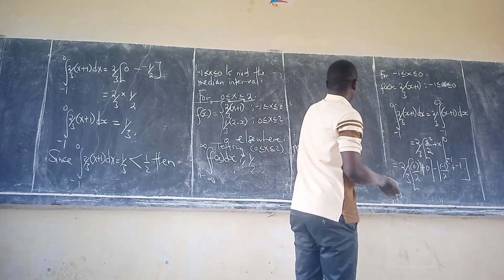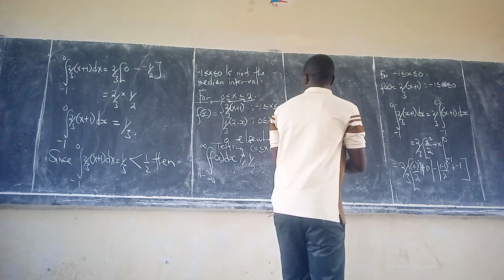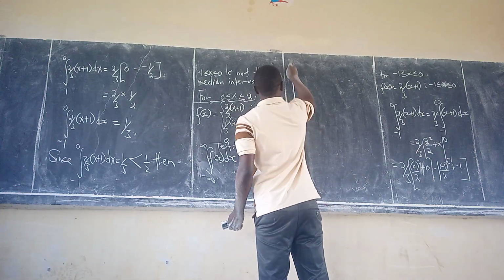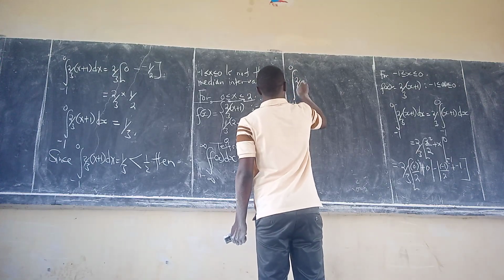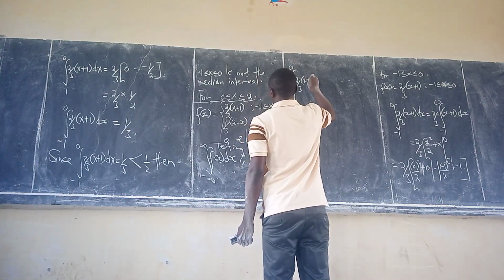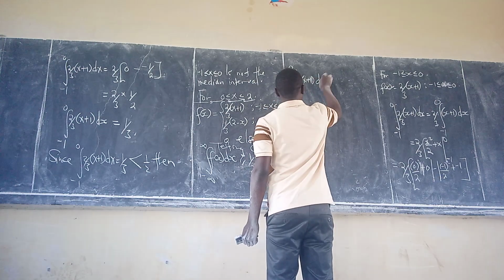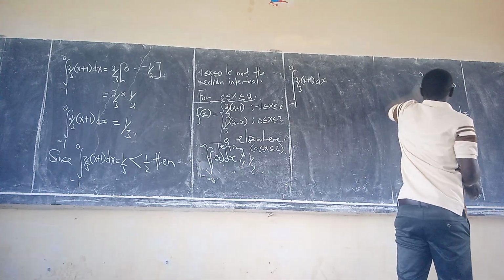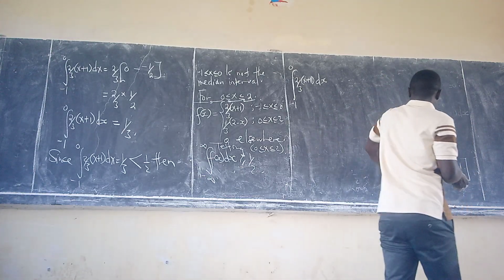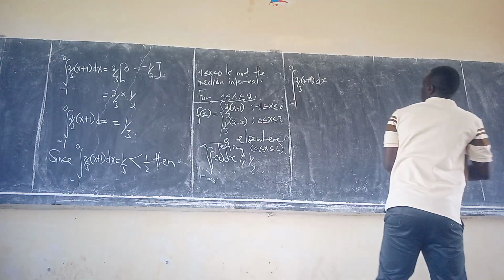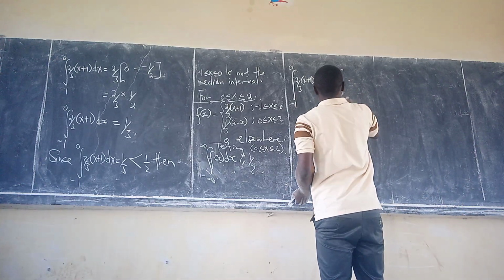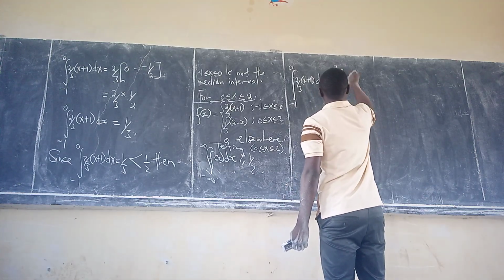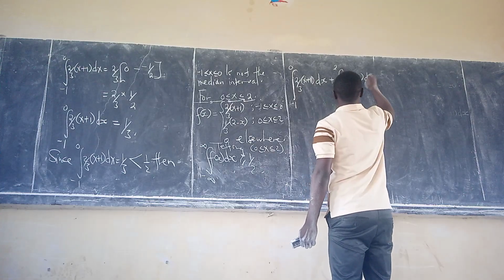So we are going to have the integral from negative 1 to 0 of 2 over 3 into x plus 1 dx, plus the integral from 0 up to 2 of 1 over 3 into 2 minus x dx.